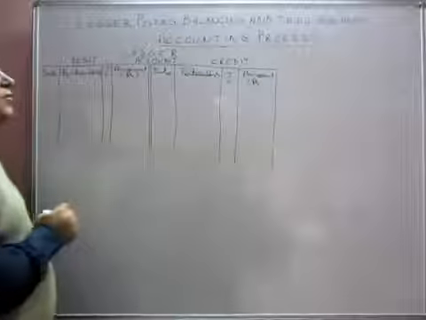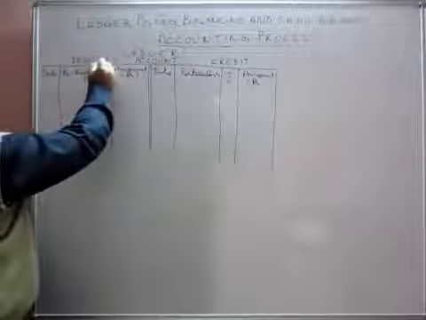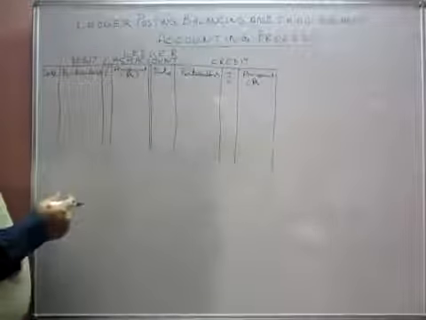This is the format of ledger in which all the accounts are kept. This could be of anything. For example, if it is a cash account, I'll just tell you how the posting will be done in this account.